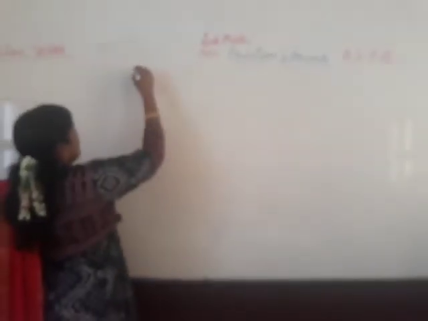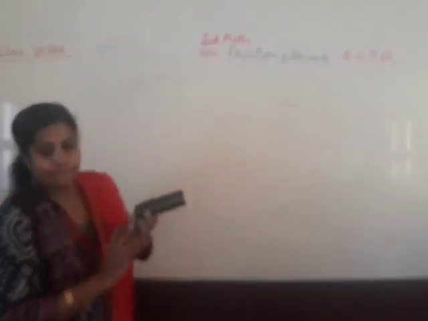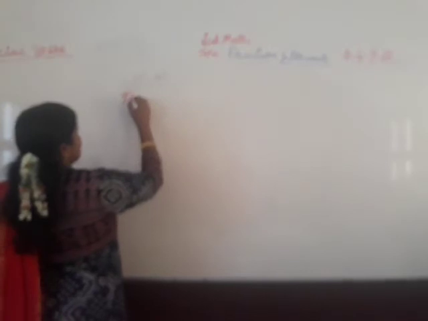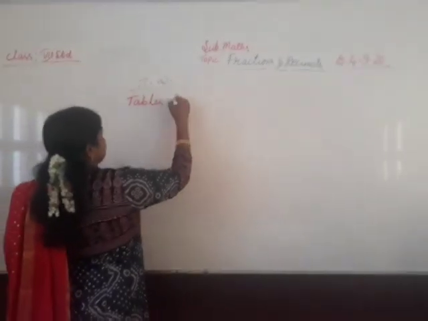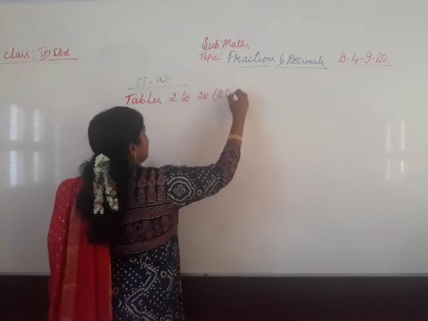So now, what is the homework? Homework: tables as usual, 2 to 20, 2 times.